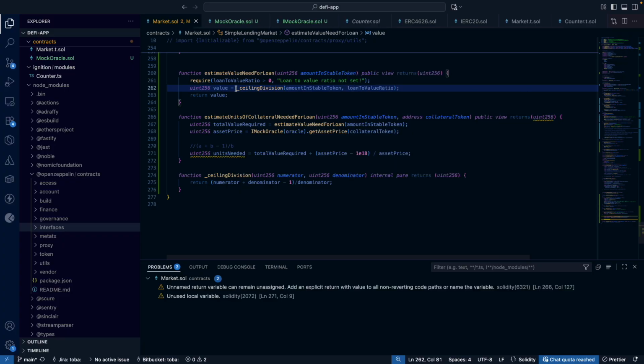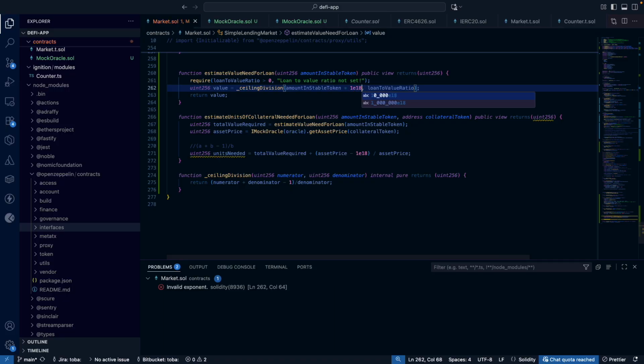Okay, now we need to make sure that this value is standardized, because we're doing a division. The numerator needs to be of a higher precision, it needs to be multiplied by 1 E18, this constant. Remember that we talked about this, that whenever we're dividing, you multiply, and when you're multiplying you divide by 1 E18.